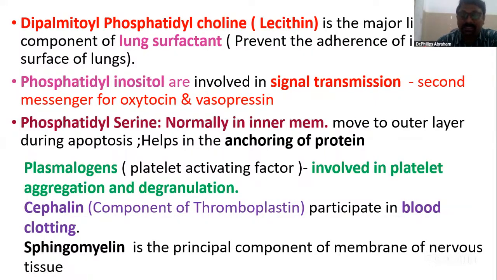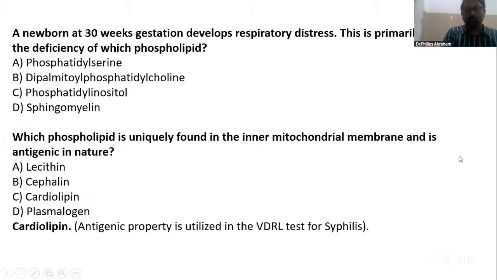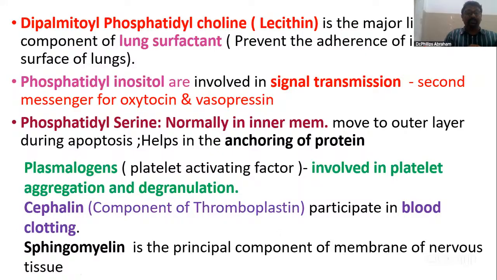Normally it's present in the inner membrane, and it helps in the anchoring of protein. Very important, the movement of phosphatidylserine from the inner membrane to the outer membrane happens during apoptosis. That's one important fact you should remember.